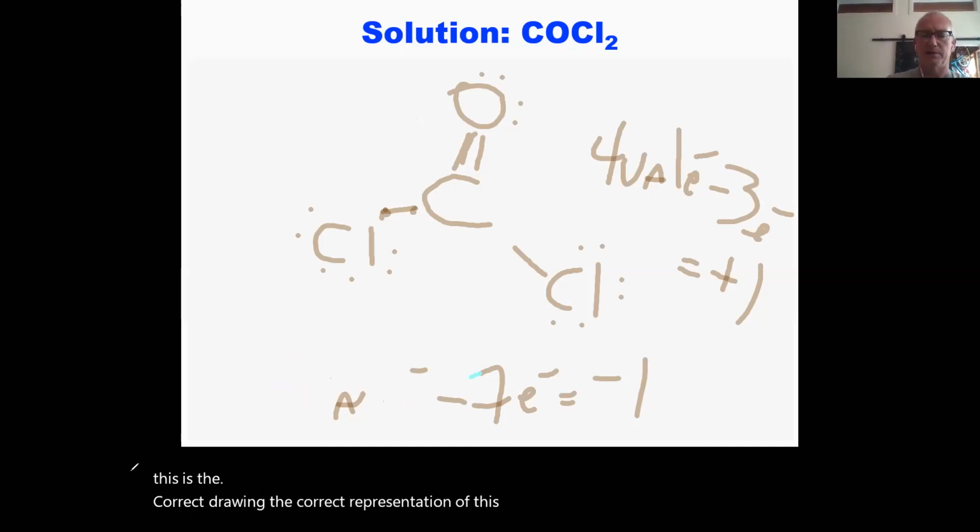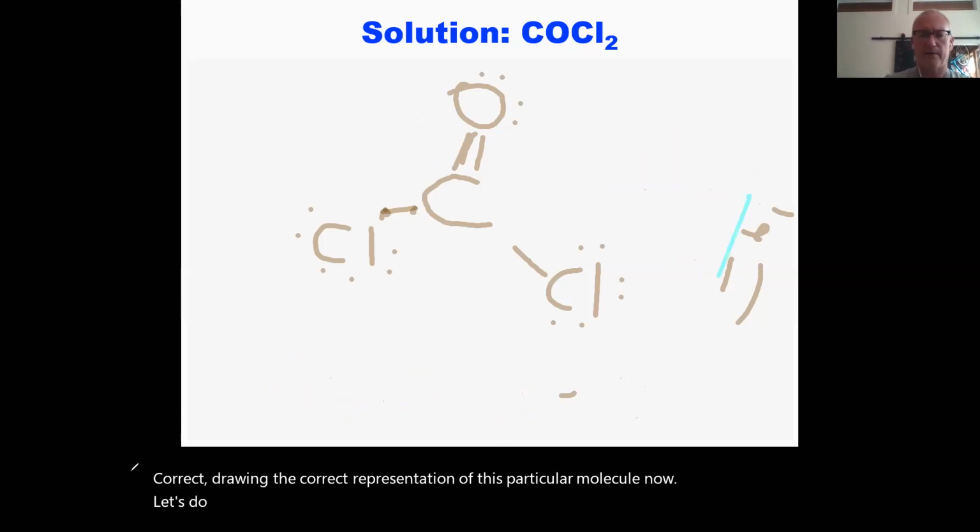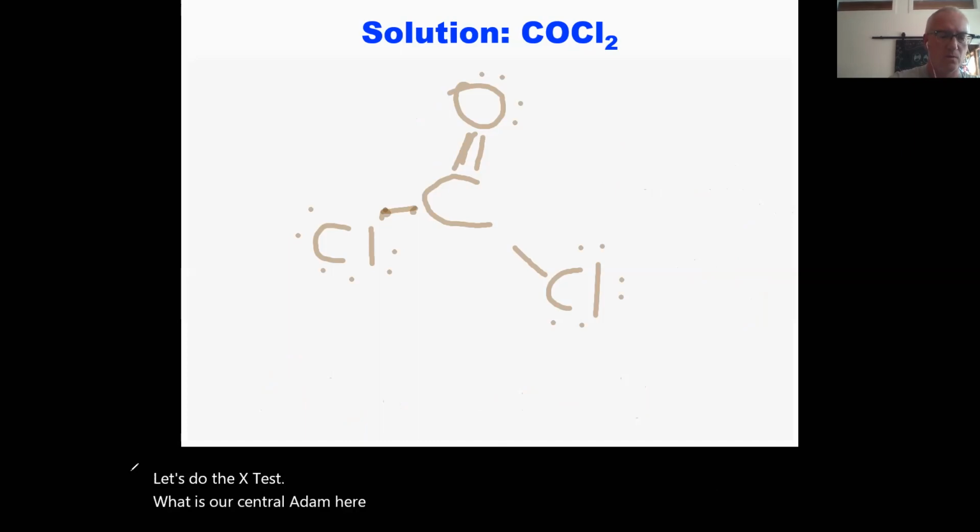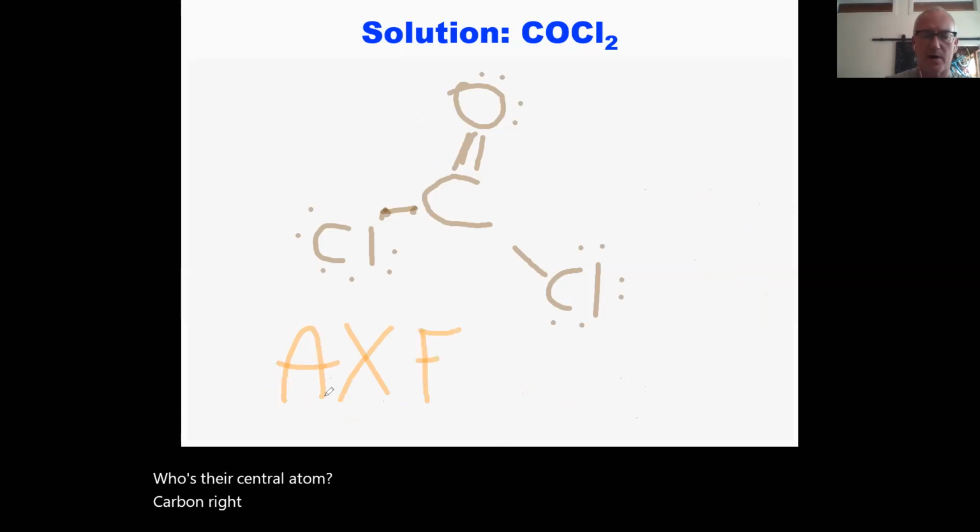Now, let's do the AXE test. What is our central atom here? Who's our central atom? Carbon. Carbon, right. So when I do my AXE, I'm talking about carbon.